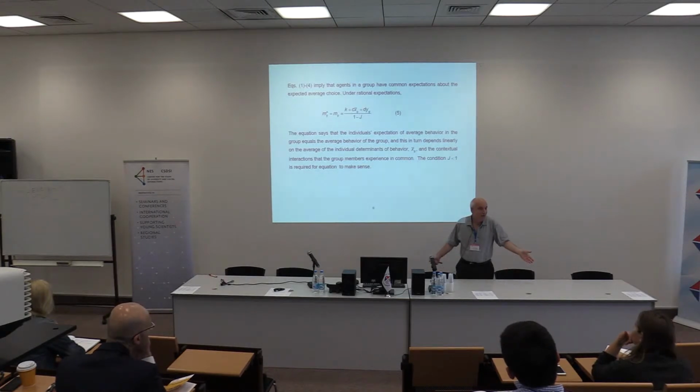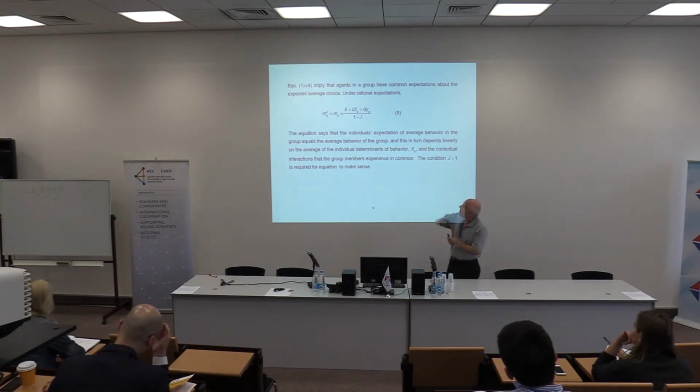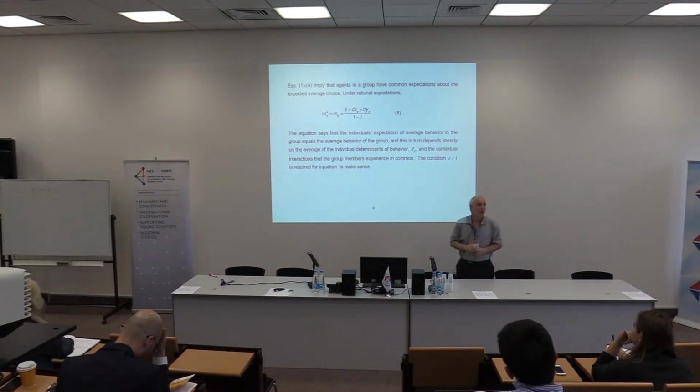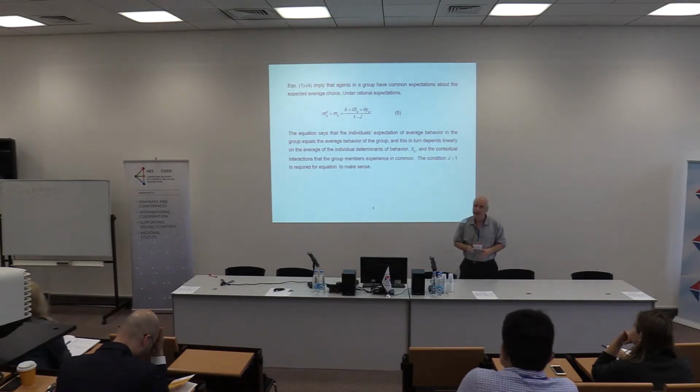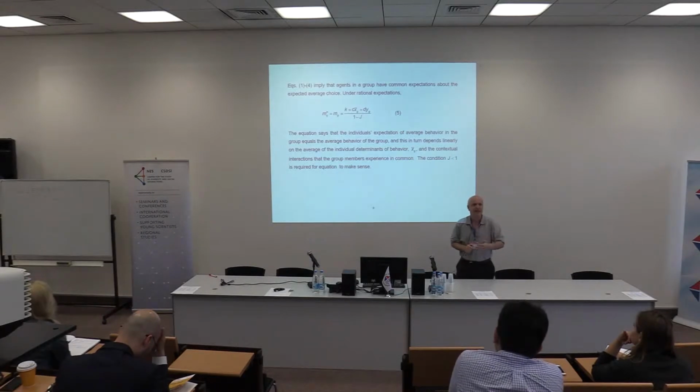So now we have the identification question. Is M, which equals that by the rational expectations assumption, linearly independent of X and of Y? Before I go on, is everyone clear? This is the identification problem for a linear social interactions model.